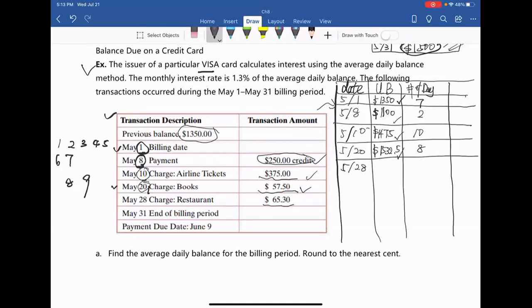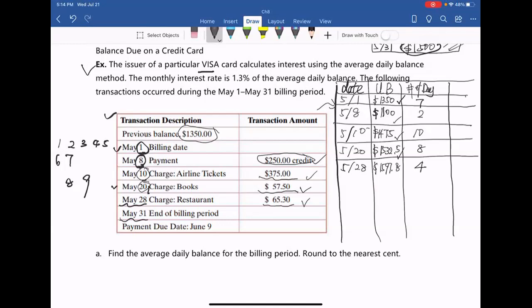So use this amount plus 65.3, which is 1597.8. So how many days does this unpaid balance keep? So from May 28th to May 31st, that's 4 days.